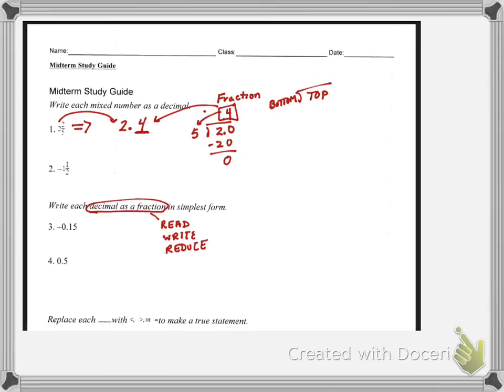We get in a habit of saying negative 0.15, but we're supposed to read that as negative 15 hundredths. We write it that way. And then reduce if you can. This can be reduced because they can each be divided by 5. That gives you 3 over 20. So the simplified answer is negative 3/20. Do number 4. And enter your answer on Edpuzzle.